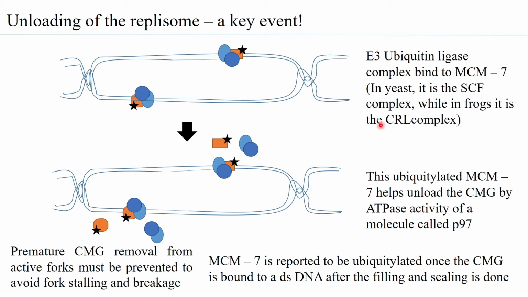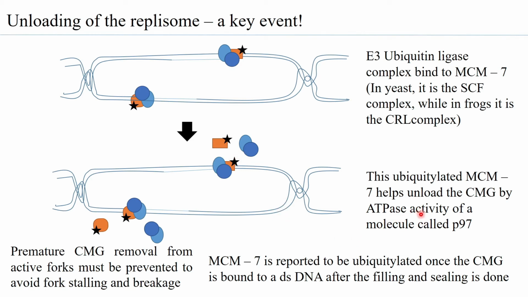This event is extremely important, and now the CMG complex is ubiquitinated. Only when it is ubiquitinated is this CMG able to recruit a segregase, and that segregase has an inherent ATPase activity.